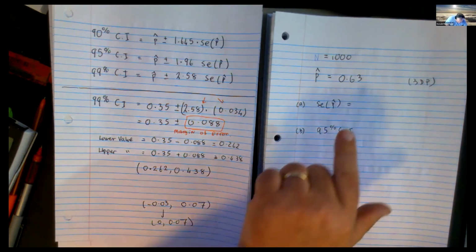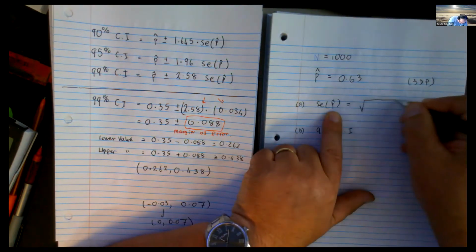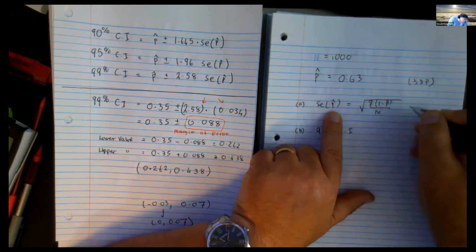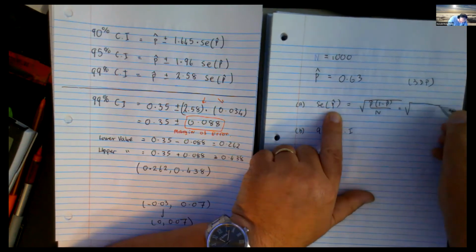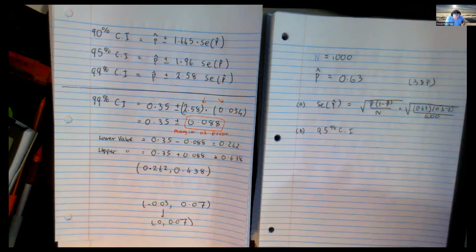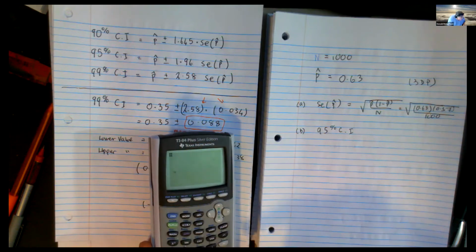Okay. A standard error is the square root of p hat times 1 minus p hat over n. In this case, 0.63 times 0.37 over 1,000. So I get my calculator. I'll do the square root.